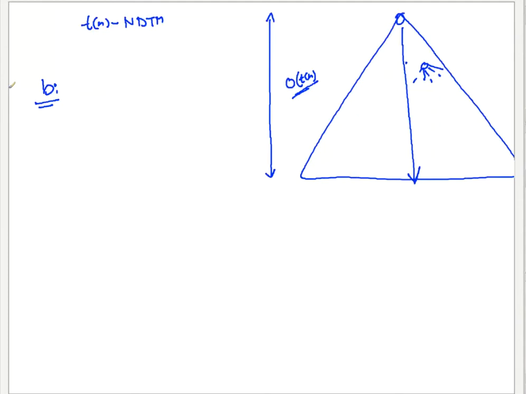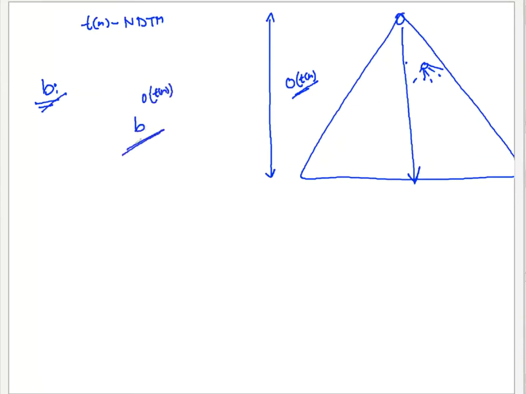Just like in a binary tree, if you want to find how many leaf nodes you have, you get 2 to the power of the depth, those many leaf nodes. Similarly, in the binary case you have at most 2 children, here you have at most b children, so it becomes b to the power order of T(n).